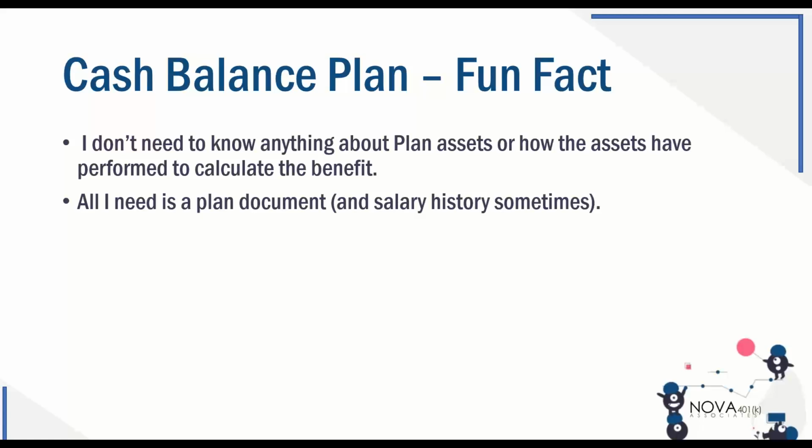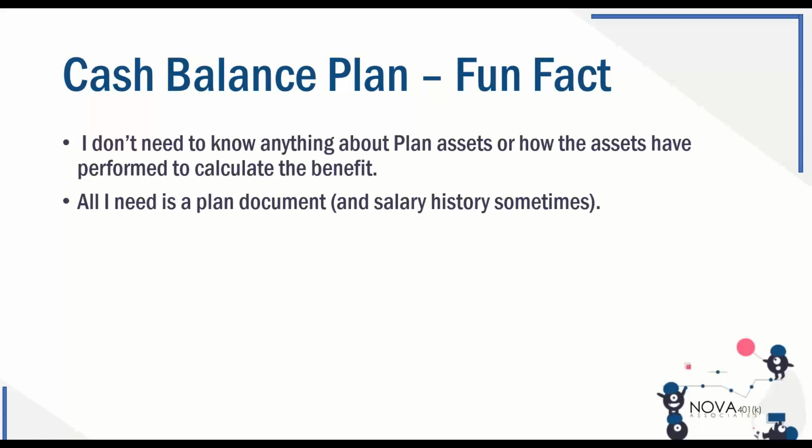I think it's kind of interesting. As an actuary, if somebody terminates employment and needs to be paid out, I don't need to know anything about the plan assets or how the assets have performed. I just need to know what the annual contributions are, what the interest credit is. I need salary history if the benefit is based on pay, but I don't care what the assets are in general.